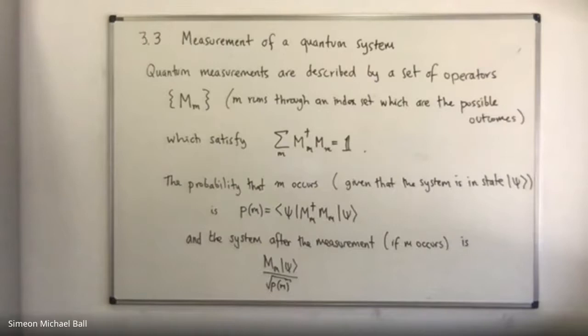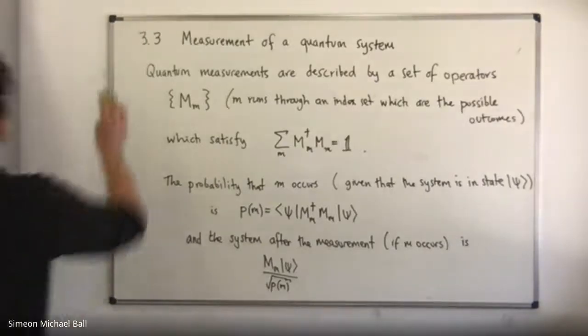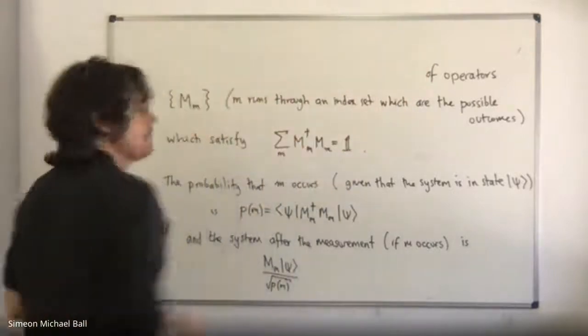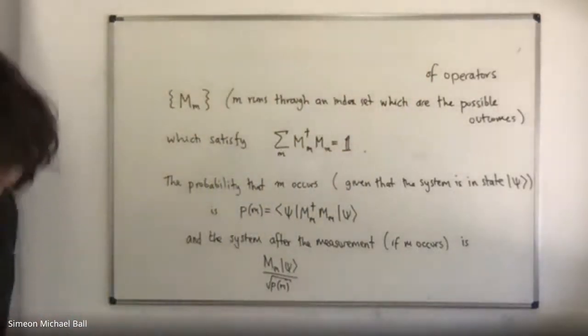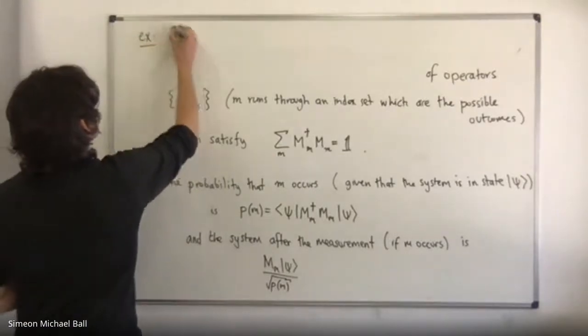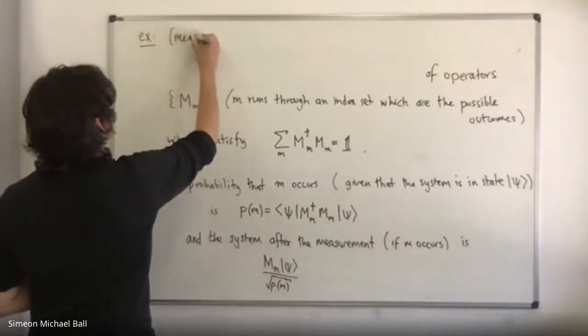So I guess we should look at an example we've already seen. What does this mean for the measurement in a computational basis?